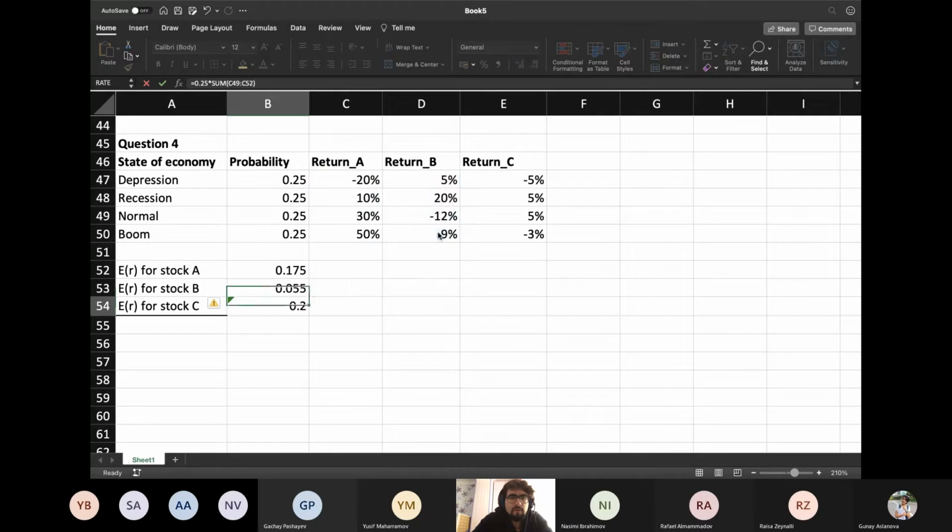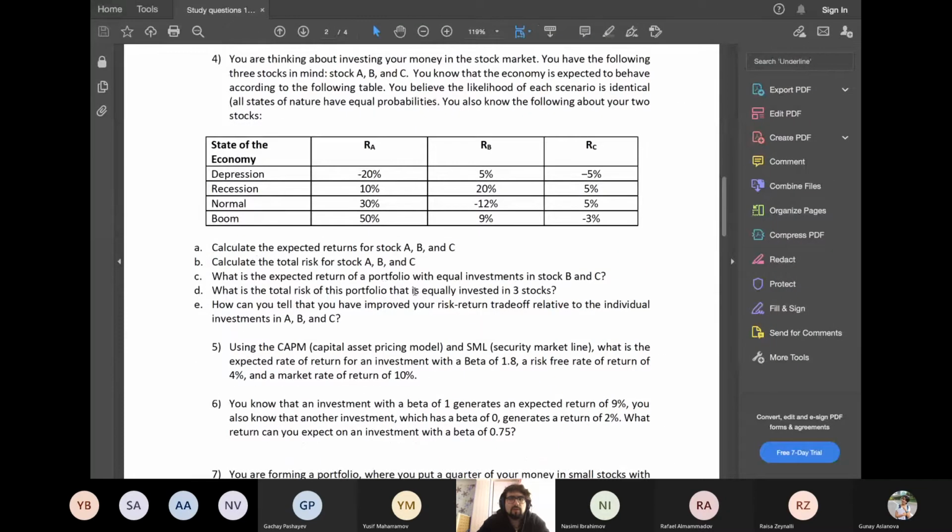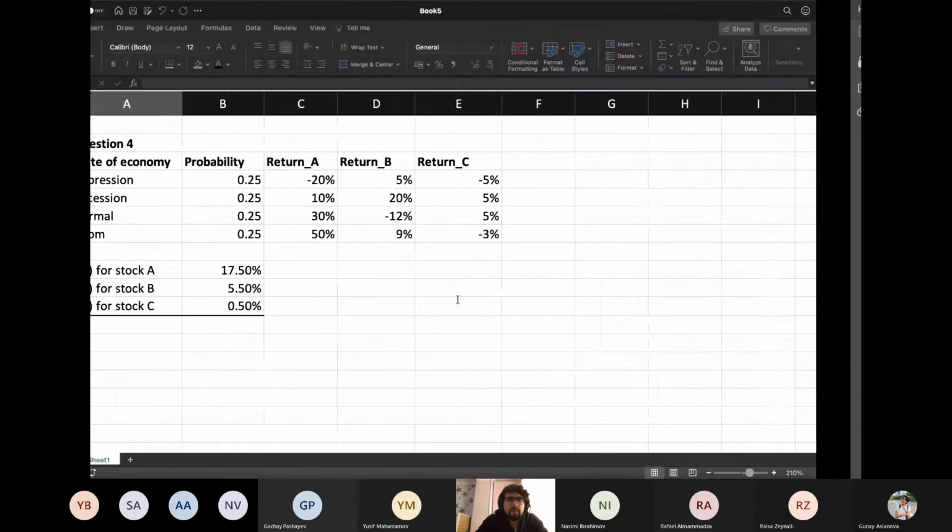This is for B, and this is for C. This is part A. Calculate the total risk for stock A, B, C.